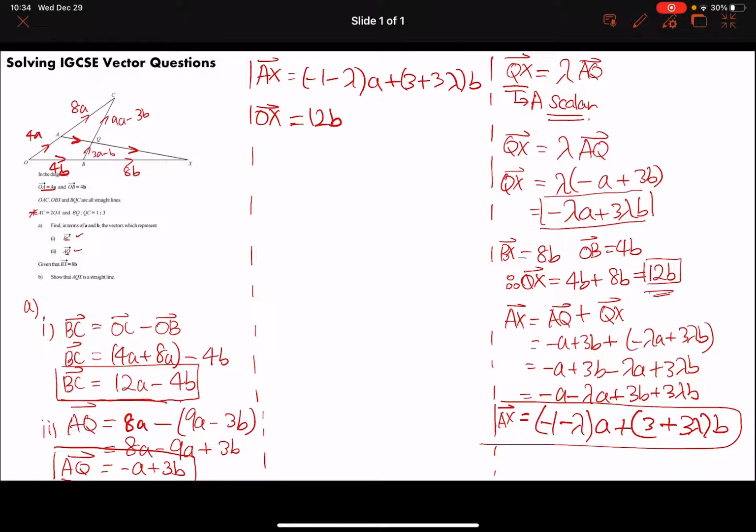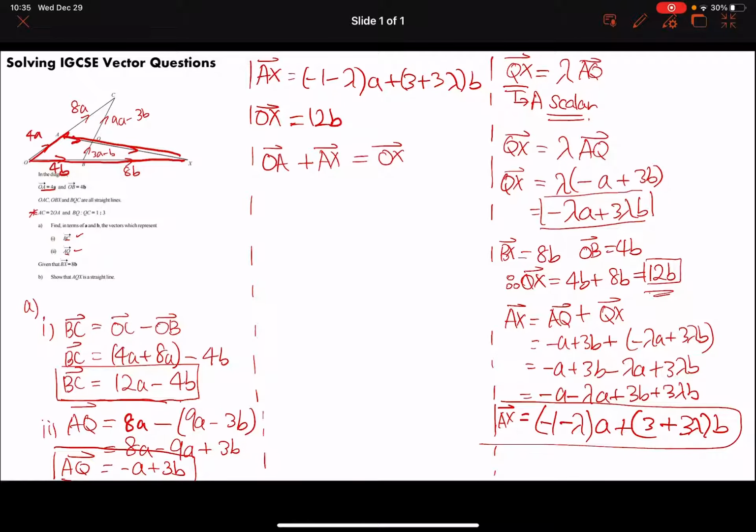As you can see in the diagram, we know that OA plus AX equals OX. This is a vector thing. So it goes here, and then it goes here, and that is equal to OX.